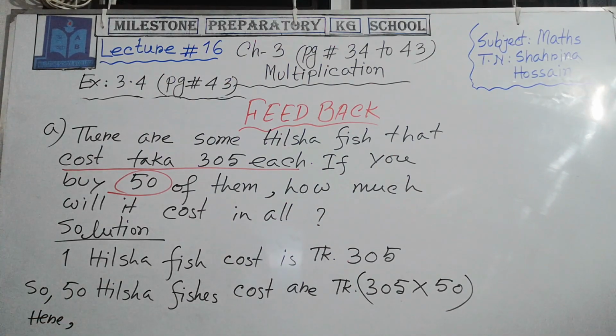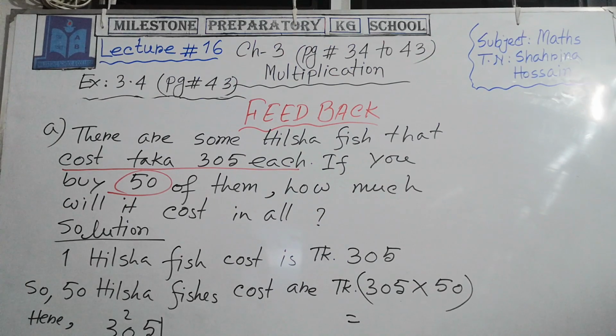Here 305. Okay, 5 5s are 25, 2 is in our hand, 5 0s are 0 plus 2, 5 3s are 15.